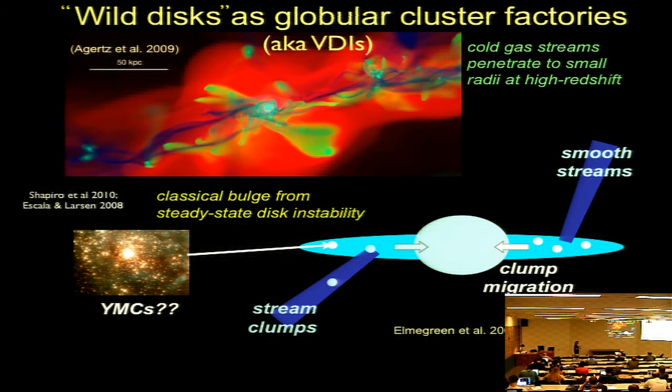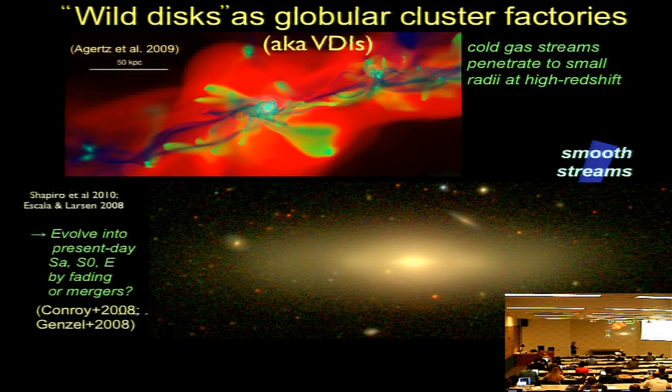So proto-globular clusters may form in these disks. These wild disks at a redshift of 2 are allowed to evolve passively to the present, where they may become, for instance, S0 galaxies, or you're allowed to merge them to make other kinds of galaxies.